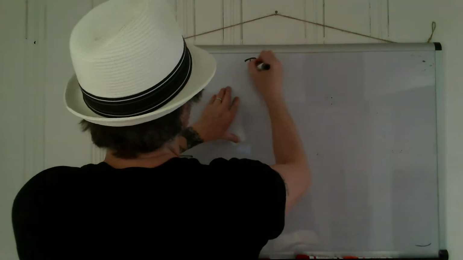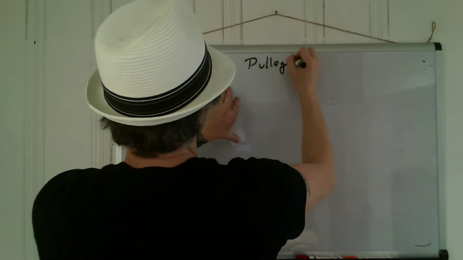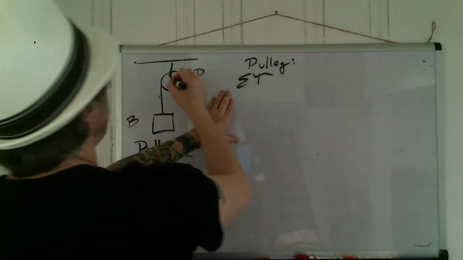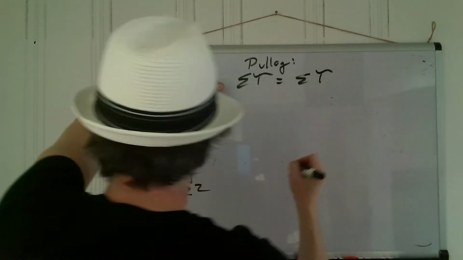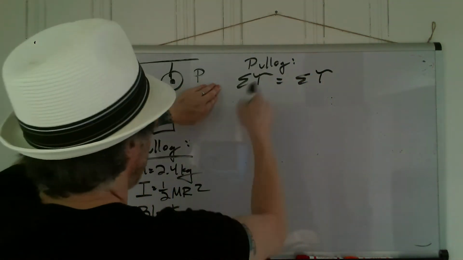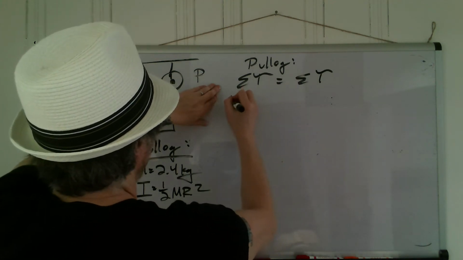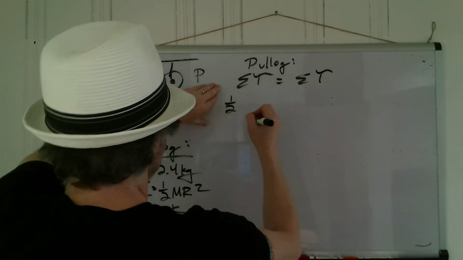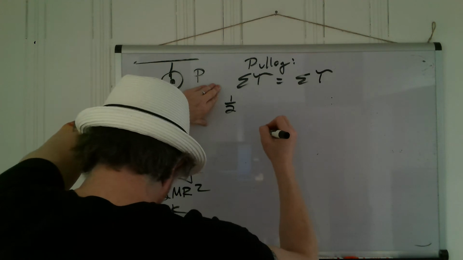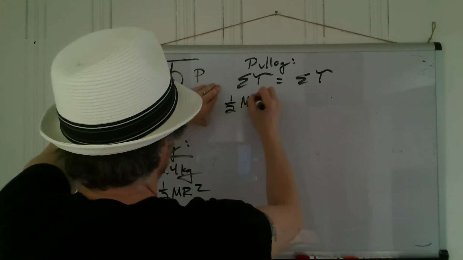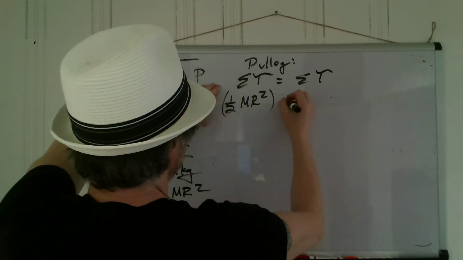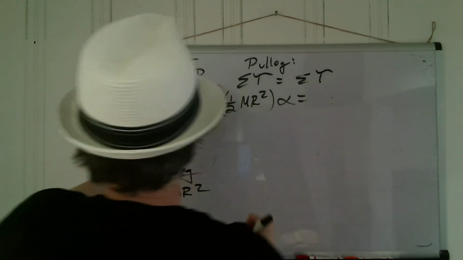For the pulley, net torque about the center of mass equals I alpha. I is 1/2 MR squared, so there's my I, times my unknown alpha, equals the net torque.